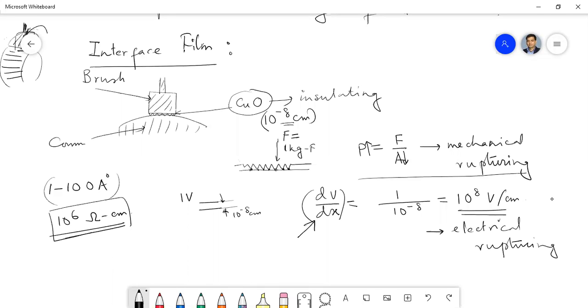This voltage stress also becomes very high because the thickness of this layer is 10 to the power minus 8, or if we take 100 Angstrom, 10 to the power minus 6 centimeter. That is a very high voltage stress, sufficient to break down the insulating layer. Okay, so this is all about this interface film.